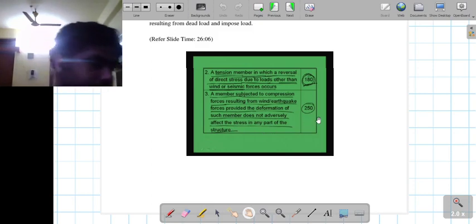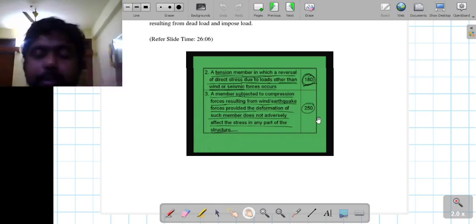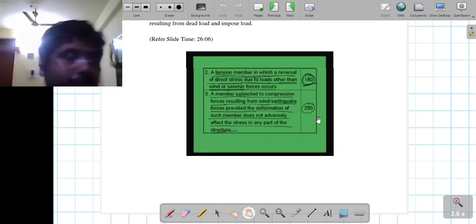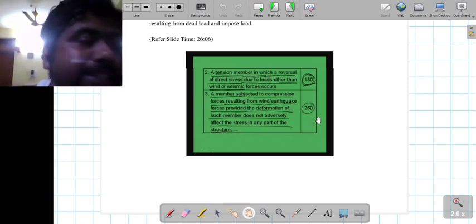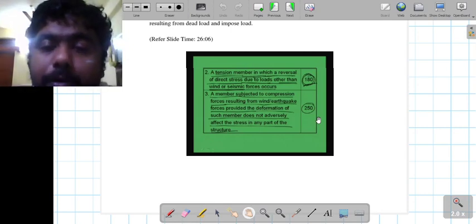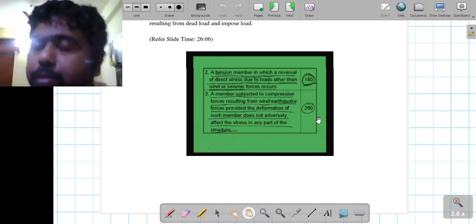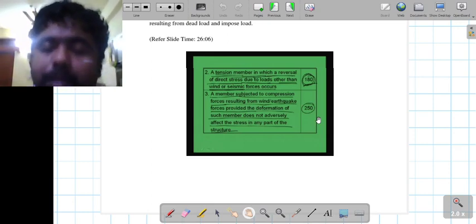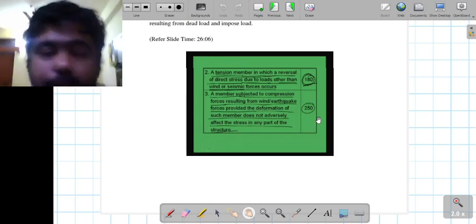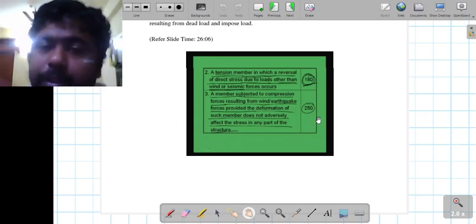In that case, the slenderness ratio is limited to 250. That means, in simple language, when the compression member is subjected to earthquake load or wind load, the slenderness ratio, generally denoted as SR or lambda, should not exceed 250. In the simple case it should not exceed 180.